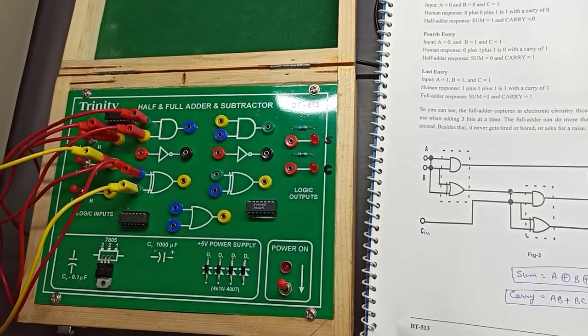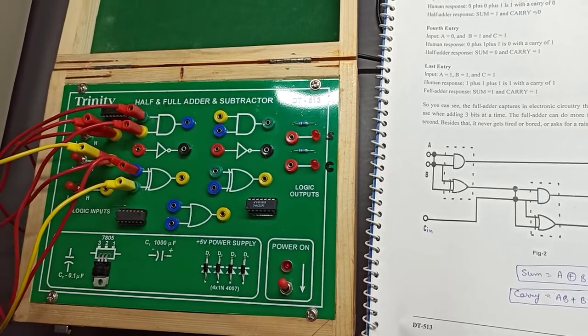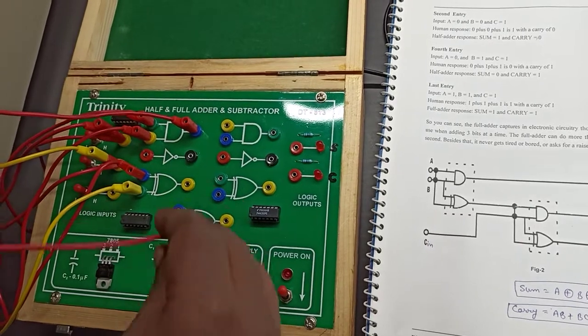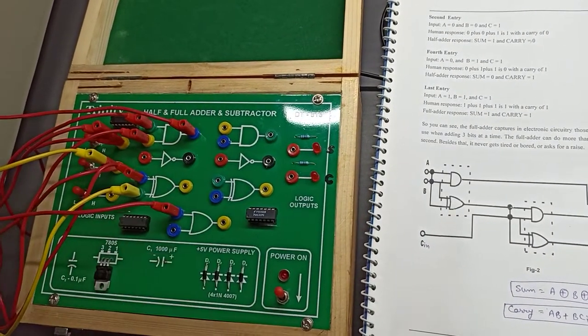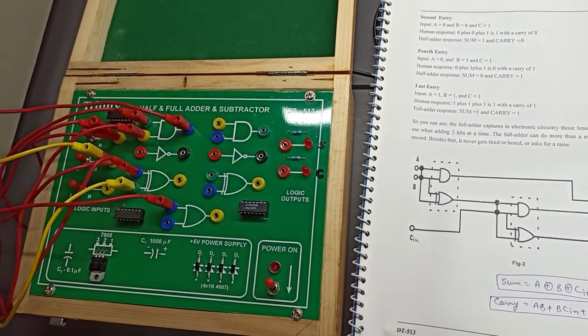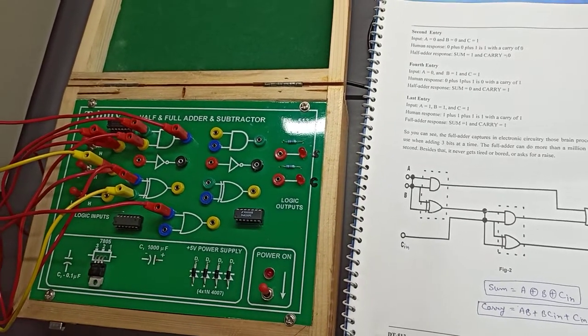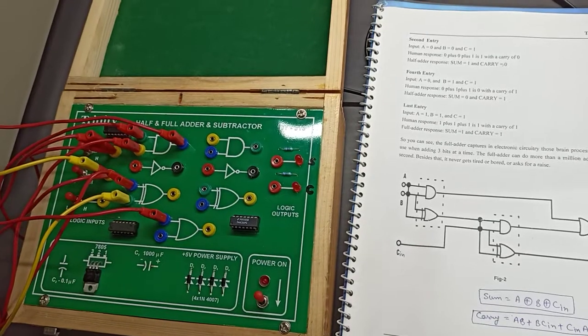The output of the AND gate goes to the OR gate input, and now we will make the second half adder.